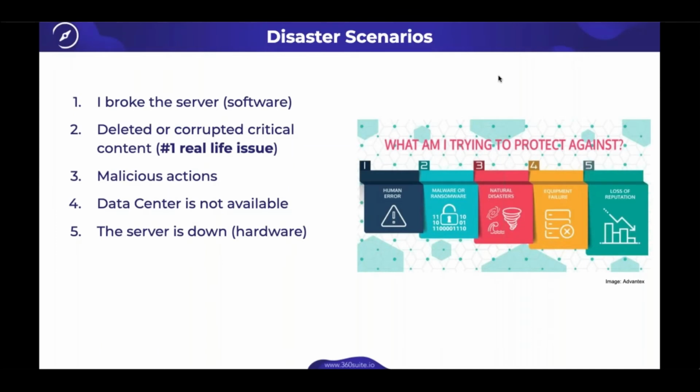Okay, so these are different disaster scenarios that we've experienced, I've actually experienced some of them myself, or that we've talked to customers about. I know John, working as a consultant, has experienced some of those. First, I broke the server software. I had an issue doing an upgrade of Business Objects, I believe it was 4.1 to 4.2, I forget the version.